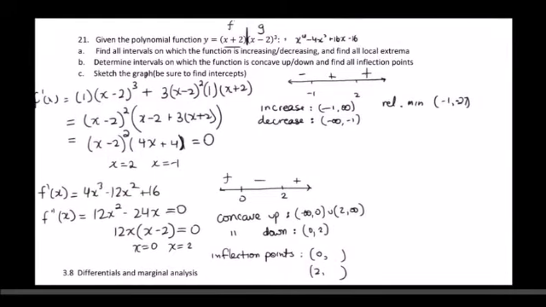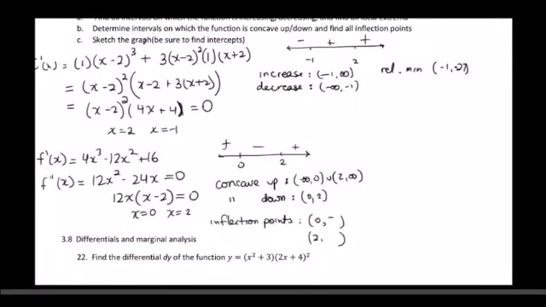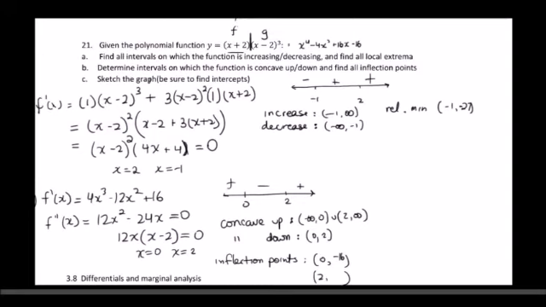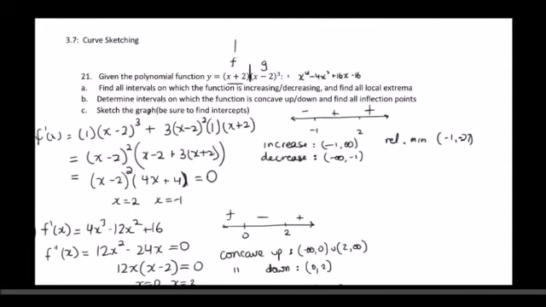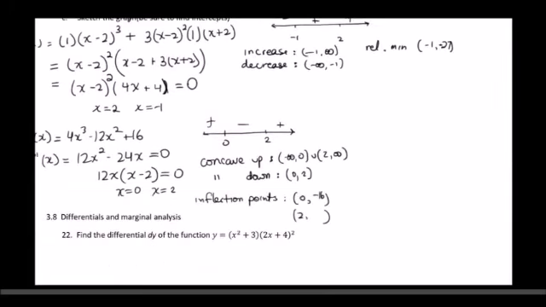And because we're switching concavities here and here, we're going to have some inflection points at the point 0, comma something, and 2, comma something. So going back to the original function, if we plugged in a 0, we would get -16. And if we plugged in a 2 into the original function, we would get 2 minus 2 there. That would be 0. So it's 2, comma 0. So those are the inflection points.